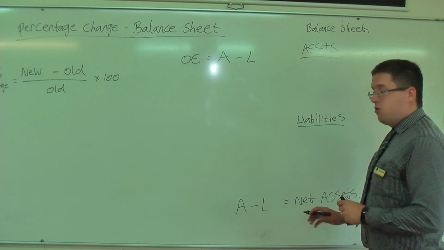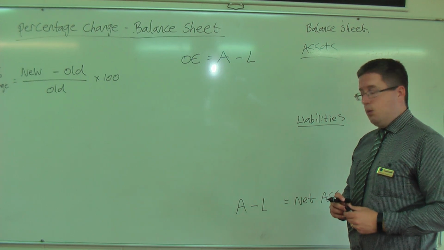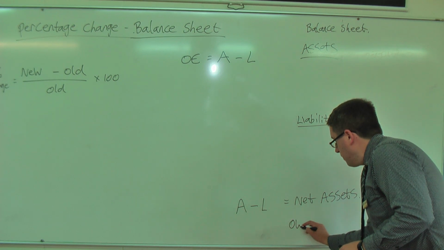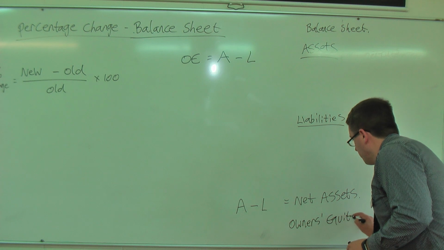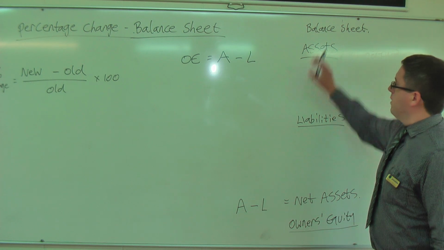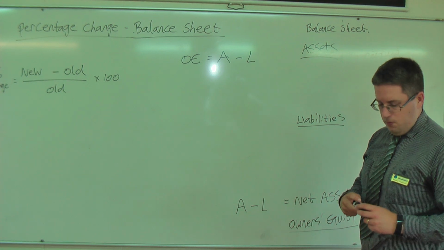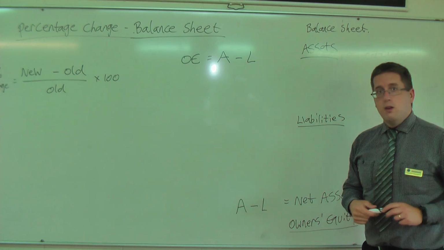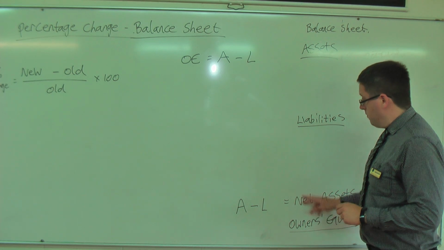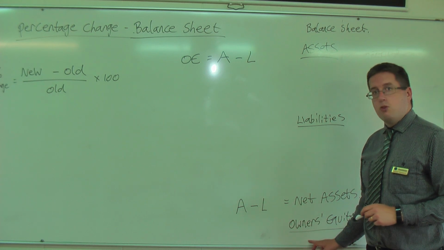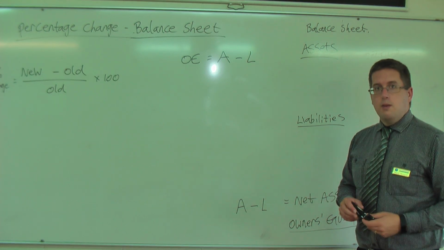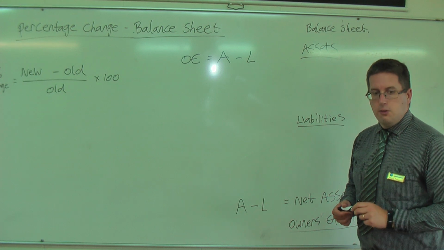Now net assets should equal owner's equity, which is the last part. Owner's equity can come up the top or down the bottom, it doesn't matter. But what's important in a balance sheet is that assets minus liabilities should equal your total owner's equity. And the balance sheet is in balance.